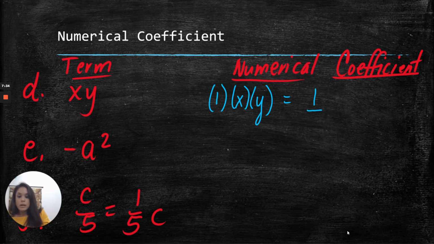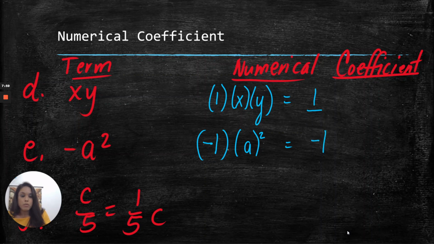In example E, negative a squared. Again, here we don't have a number in front of our variable a, but it's understood that it is a 1. So to get negative a squared, we multiply negative 1 times a squared, so our numerical coefficient would be negative 1.